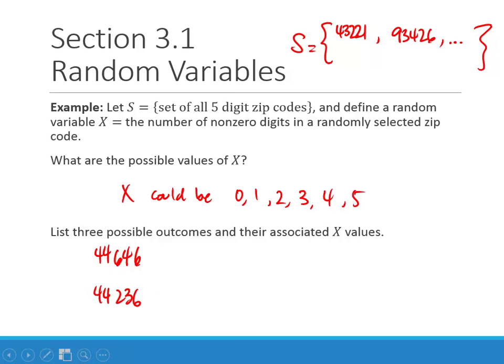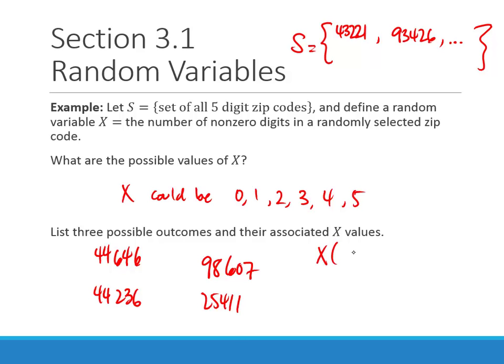And maybe 98607. 25411. Okay. That's again just 4 possible outcomes. So again, remember, we're just randomly selecting a zip code, and we want to see how many non-zero elements are in that zip code. So here's 4 possible outcomes that we could get.